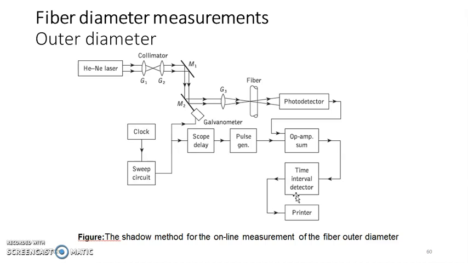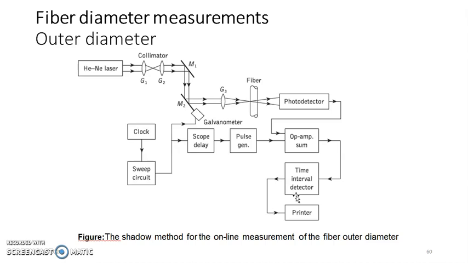In this method, a laser beam is swept at a constant velocity through the given fiber, and the measurement is based on the time interval in which the fiber intercepts the beam and casts a shadow on a photo detector.